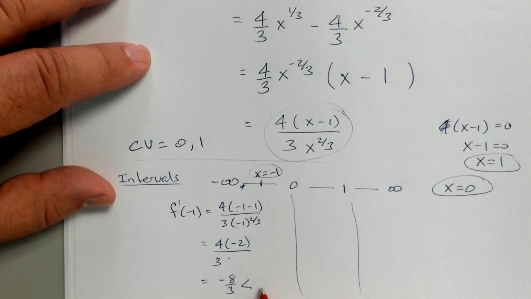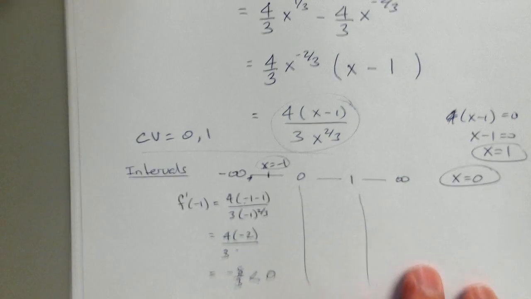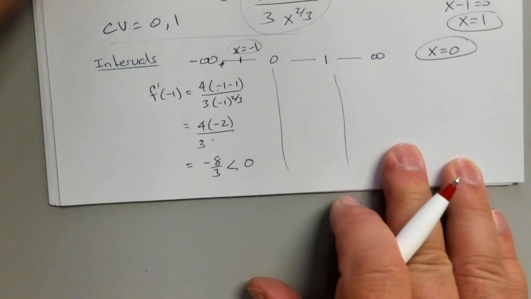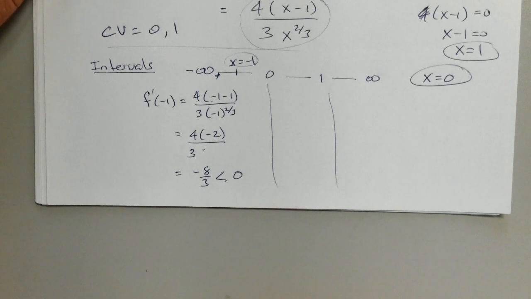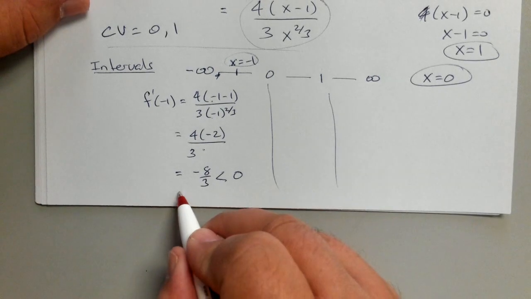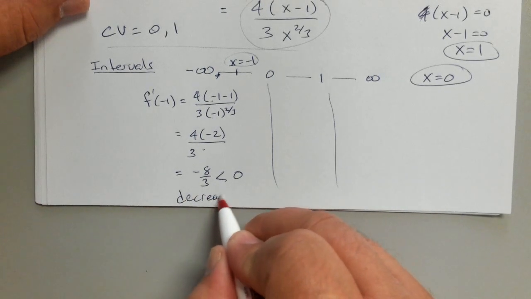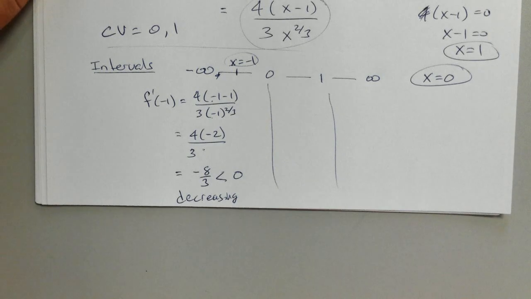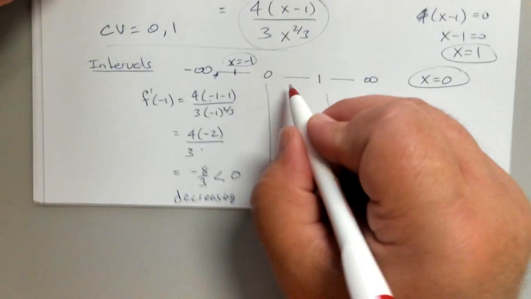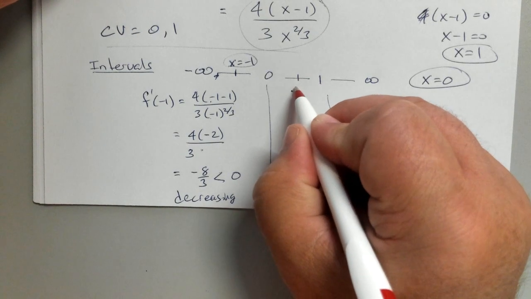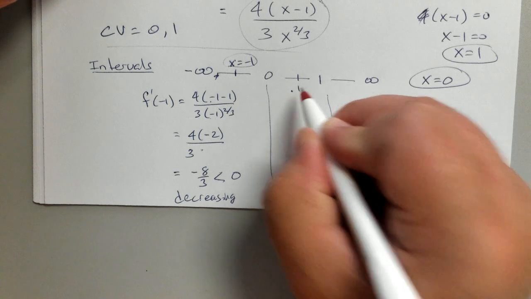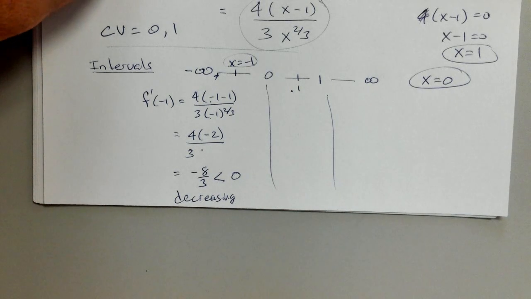It's less than 0. So what does that mean? It's decreasing. Between 0 and 1, let's pick 0.1.